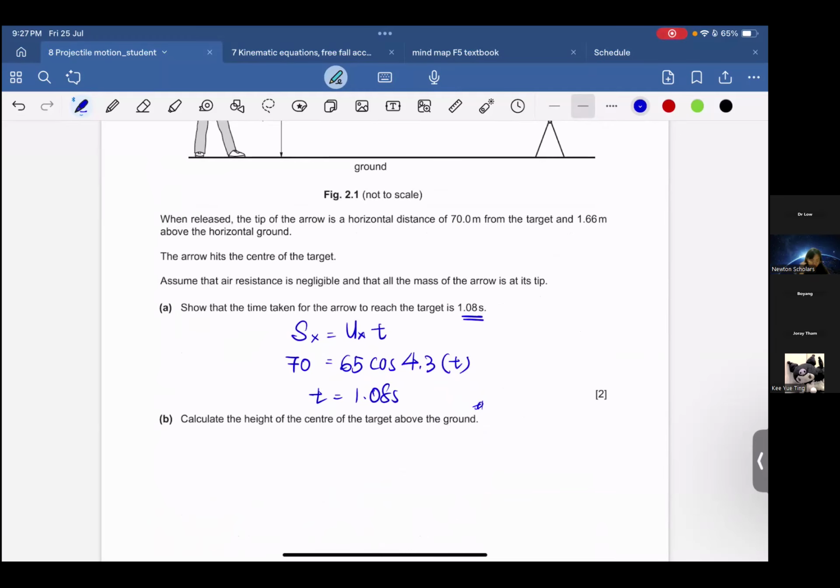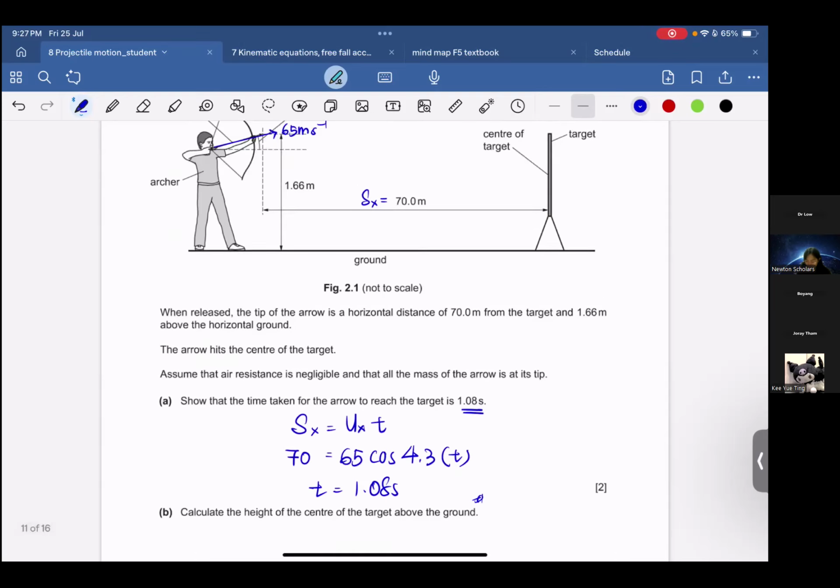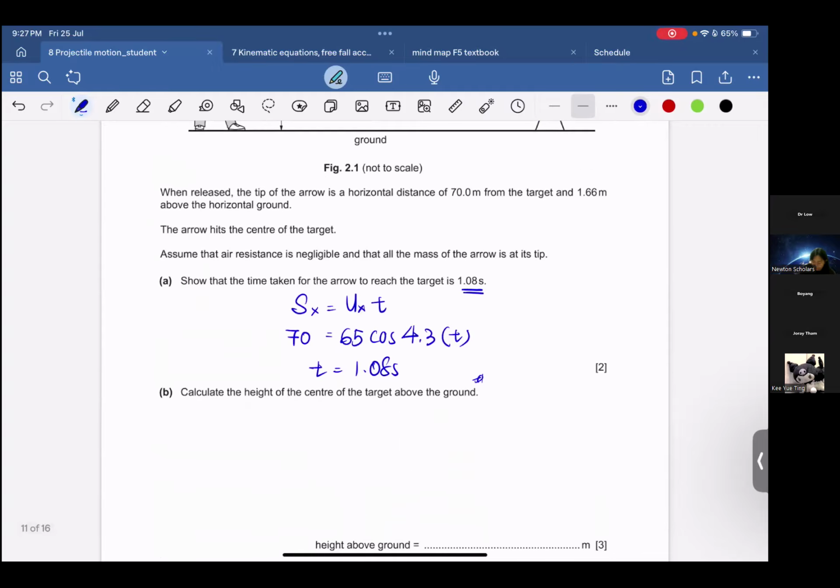Okay, the second one, can you calculate the height? This one is the part that they want to trick you. Now I want you to calculate your SY first. So here, find the UY, which is 65 sine 4.3. Then your G must be negative 9.81 meter per second squared.